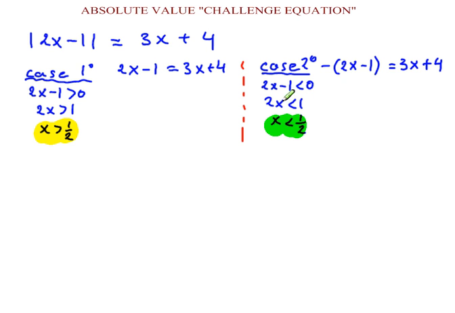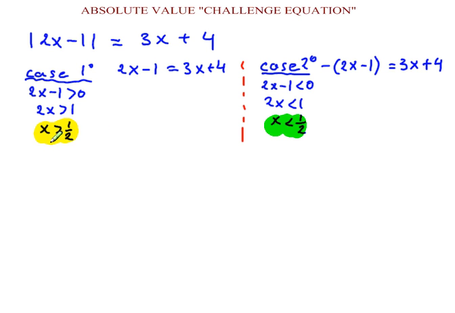So this is basically the application of the absolute value definition. I hope you remember that. If not, you have to go back to previous videos on absolute value and get it figured out.